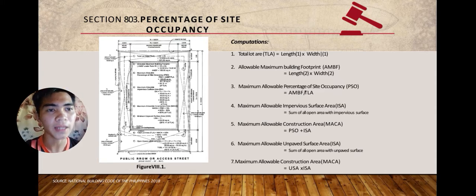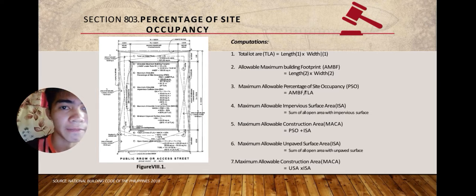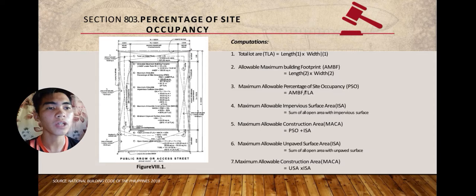Then to get the maximum allowed impervious surface area, it is the sum of all open area with impervious surface. Then maximum allowed construction area or MACA.